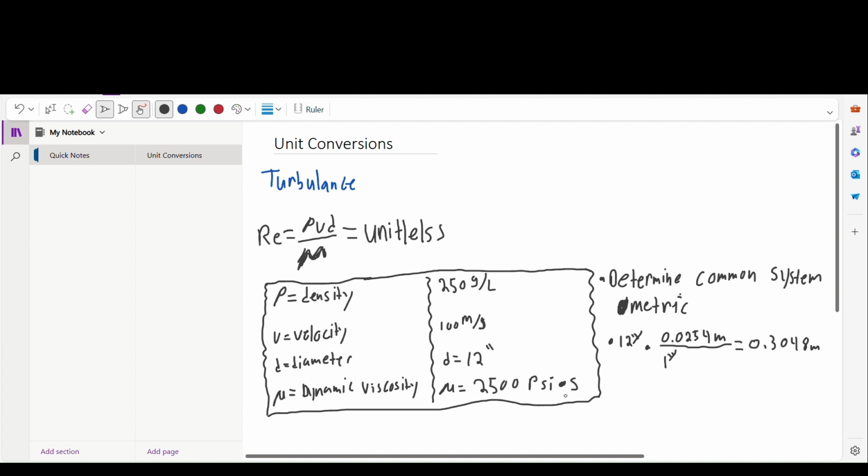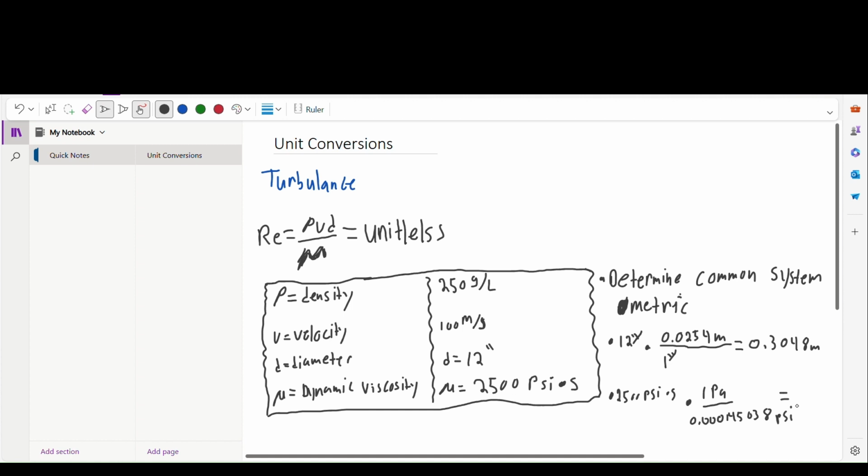So if we're looking at kinematic viscosity, and we have 2500, this is PSI times second, we will multiply this whole thing by 1 Pascal, which is equal to 0.00014545038 PSI.